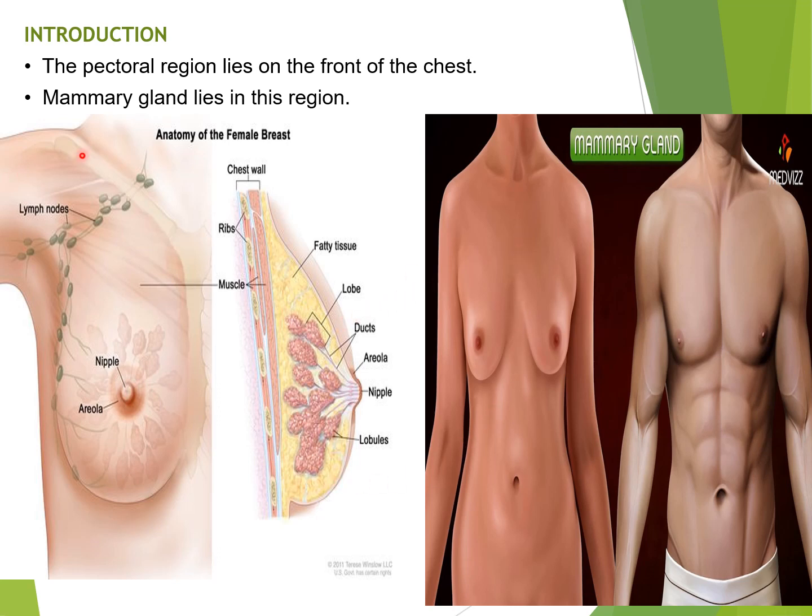Now the breast is present bilaterally in both sexes. This is a male breast and this is a female breast. So it is present in both males and females bilaterally in the pectoral region.